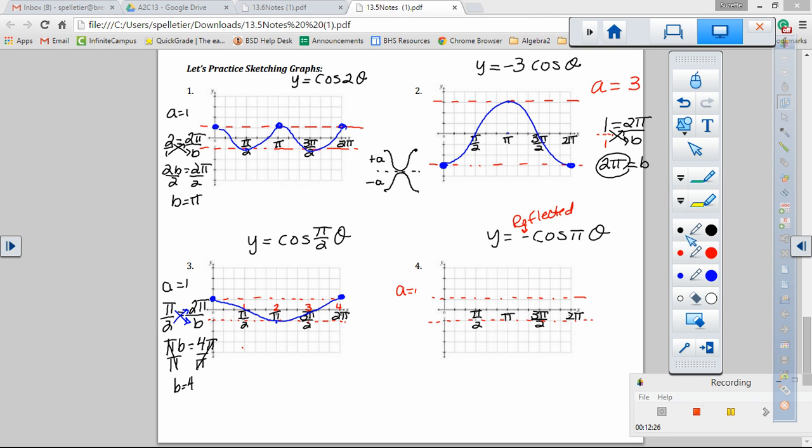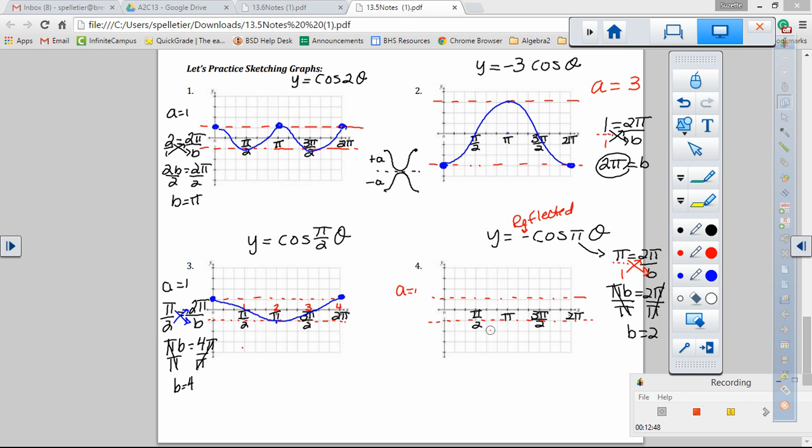And then I have to do pi equals 2 pi over b. Top to bottom, bottom to top. So pi times b equals 2 pi, divide by pi. And this time b equals 2.